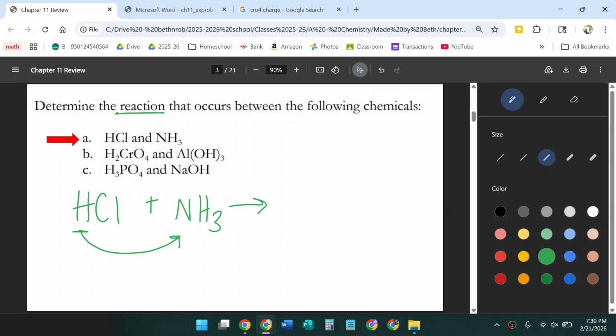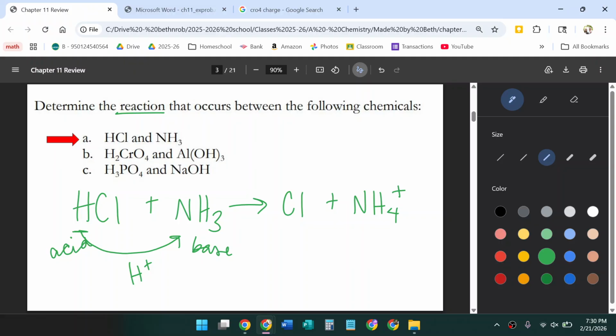It's going to run this way, which means this is our acid, or our H plus donor, and this is our base. I'm pretty sure NH3 is one of the ones in the book that you're supposed to just know is a base. So the Cl is going to be left by itself, and this will become NH4, and because the thing that ran over here was an H plus, this now has a plus charge.